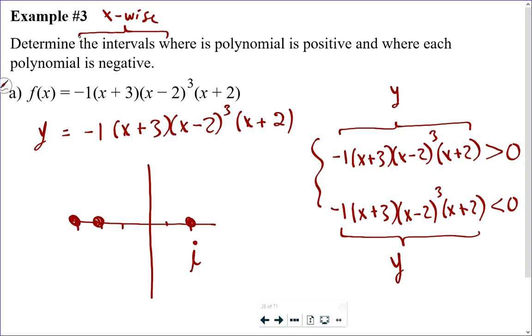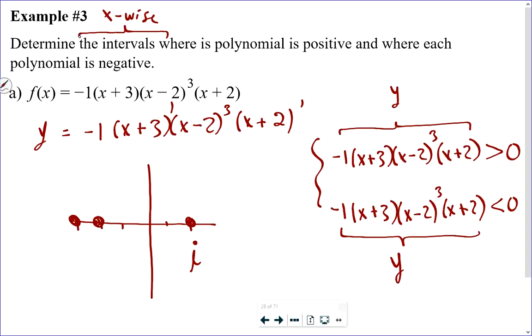If I were to expand this out, I hope everybody sees that I would get negative x to the 5, because I'm going to have x times x times x times x times x, which is x to the 5 times the negative 1, which means it's an odd polynomial function.